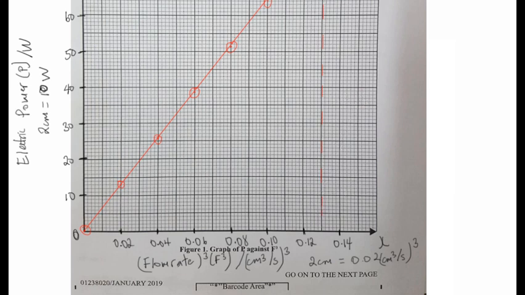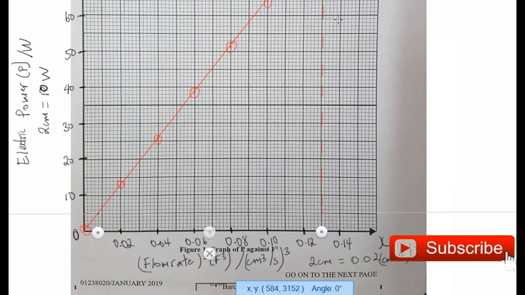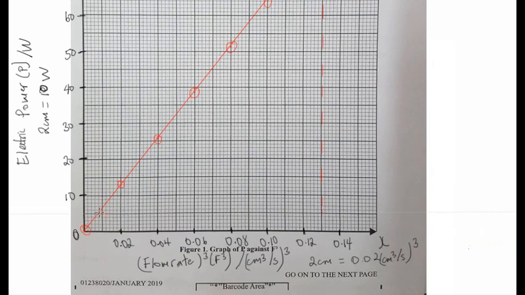Now let's do the same thing to acquire the run. So I'm going to place the ruler right here. Right, and I'm going to connect with broken lines. Alright, so that's my triangle there.